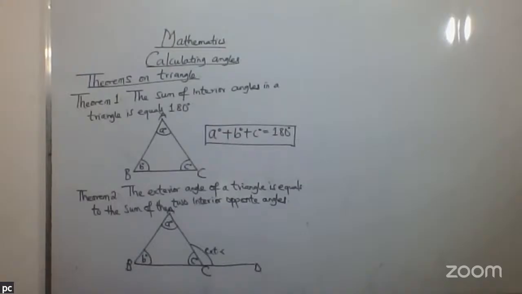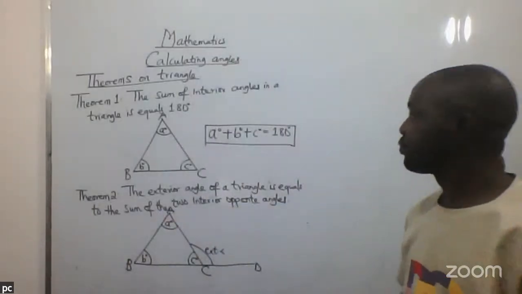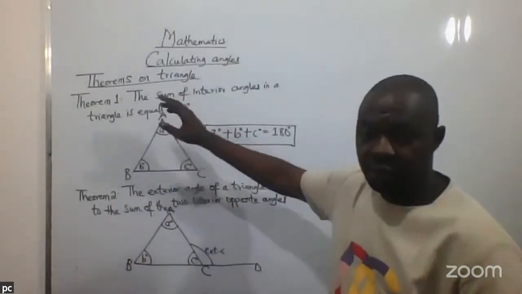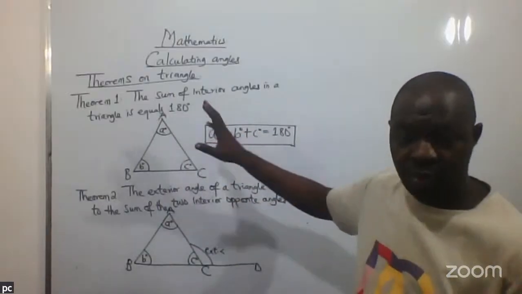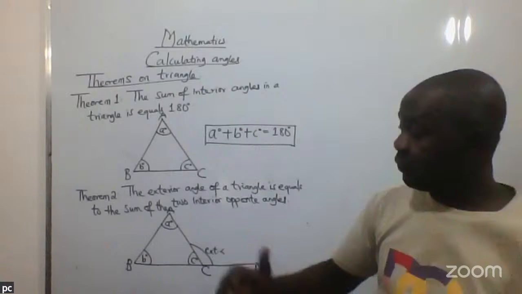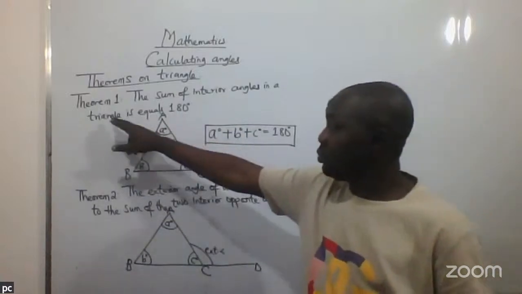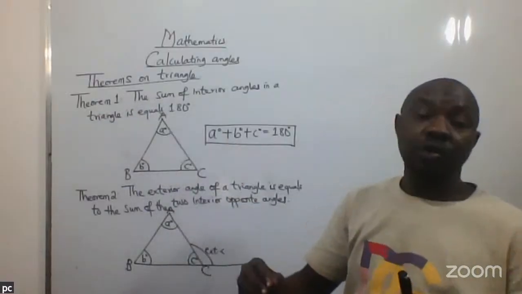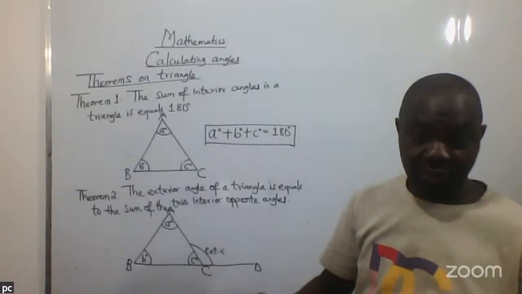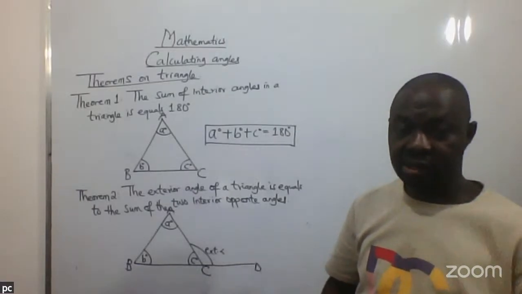Okay. Now, listen. I said we have about 22 theorems on triangles, but for your exam, we're only going to treat two theorems. The first is theorem one, which we call the angle sum property of a triangle.